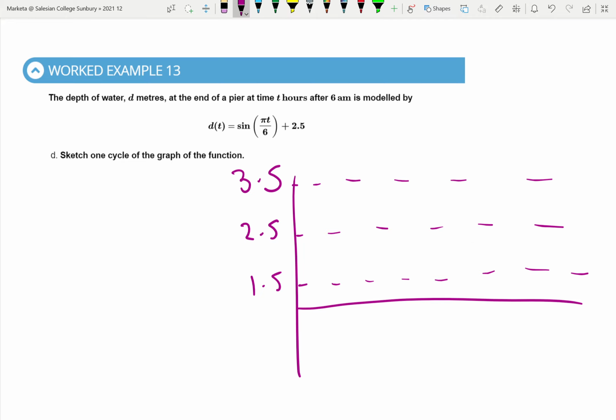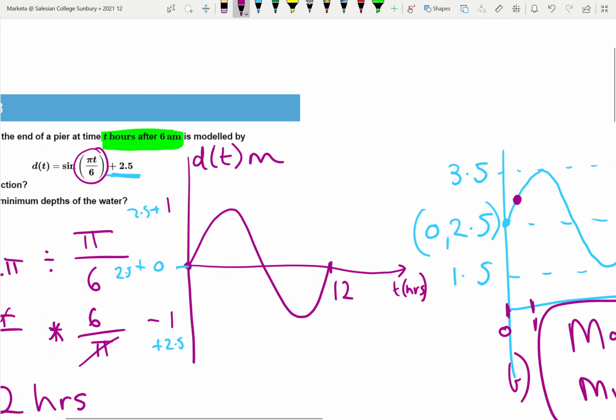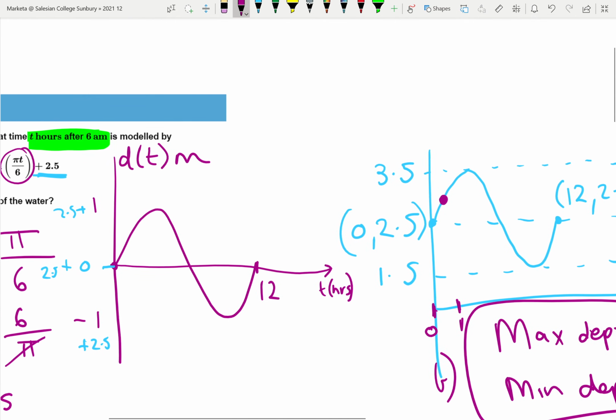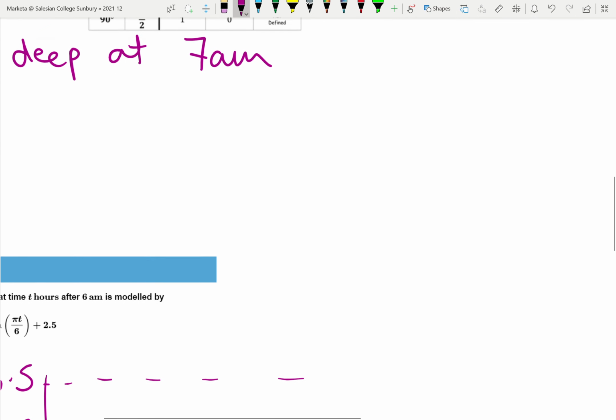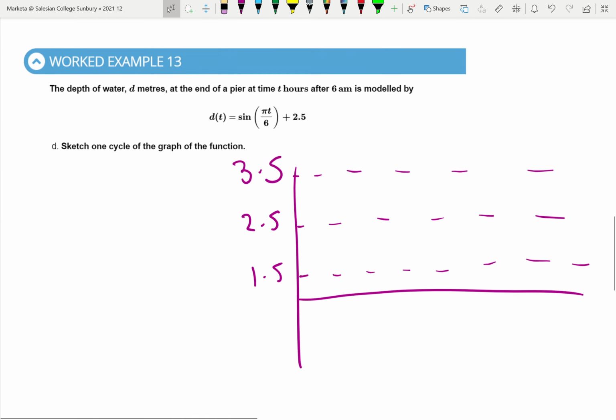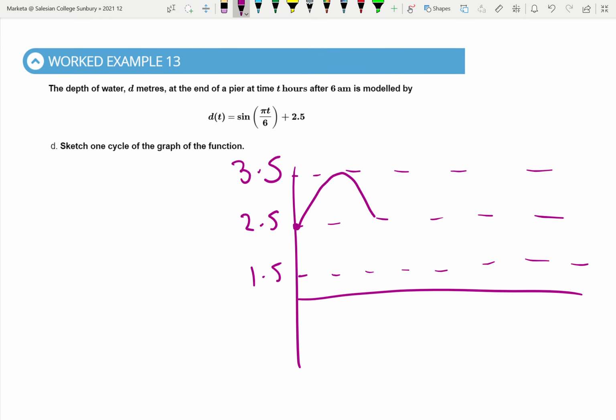So let's double check that I have 1.5, yep, 2.5, 3.5, and then we have just the ends of that graph. So it's only asking for one cycle. There it is, 12, 2.5, and then coordinates 0, 2.5. And you should definitely use coordinate points when you're graphing that.